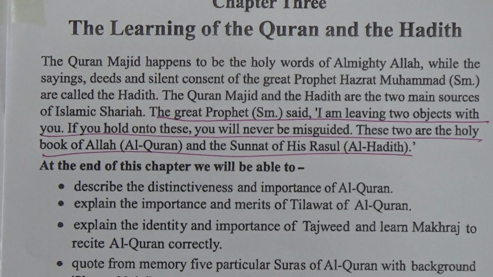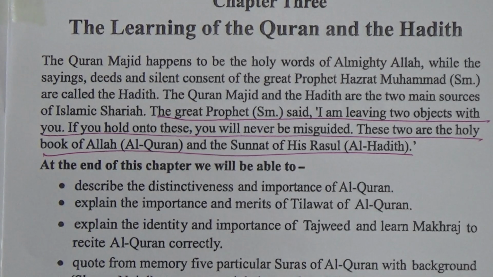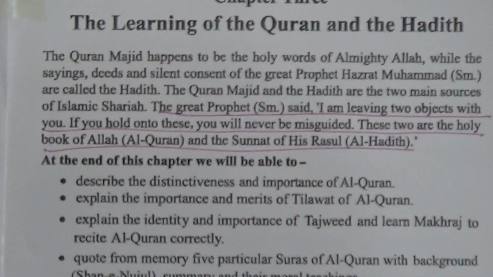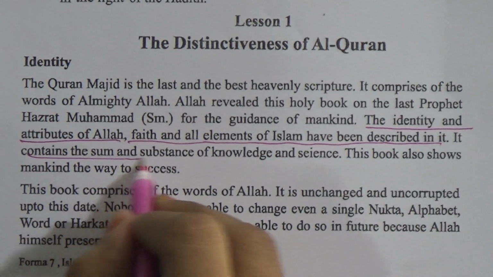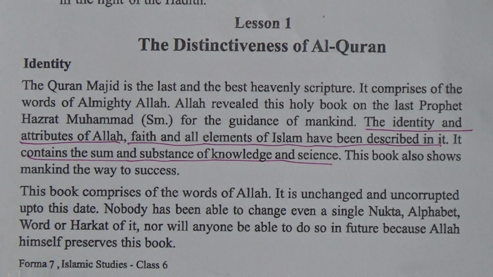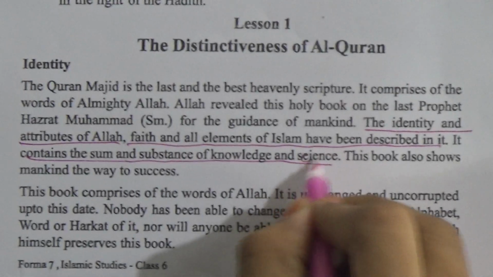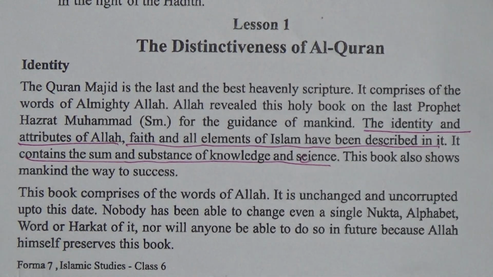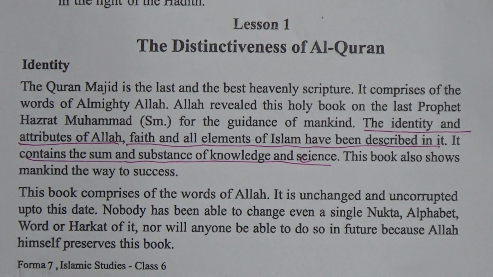The identity and attributes of Allah, faith and elements of Islam have been described in it. It contains the sum and substance of knowledge and sciences. Okay, here are these things.